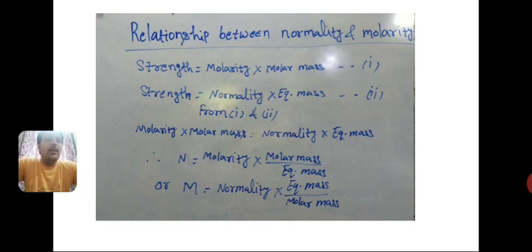From these two equations you can write molarity into molar mass is equal to normality into equivalent mass. Therefore, from this arrangement, normality equals molarity into molar mass upon equivalent mass, right students? Or molarity equals normality into equivalent mass upon molar mass.